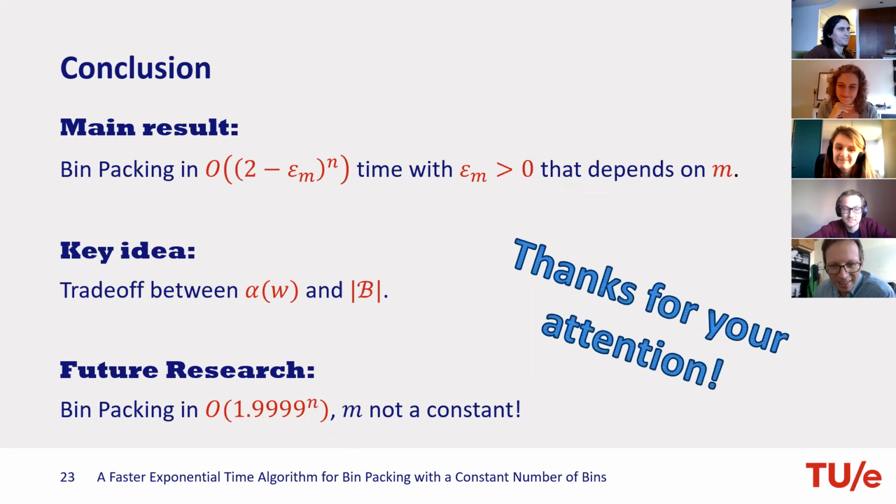And these previous results for 2 bins, what was the time complexity exactly? So for 2 bins, it's just a subset sum. It can be done in 2 to the power n over 2. So that's square root 2 of n. And for 3 bins, that we remember, I think the algorithm ran in m to the power n over 2. So that's square root of 3 to the n.